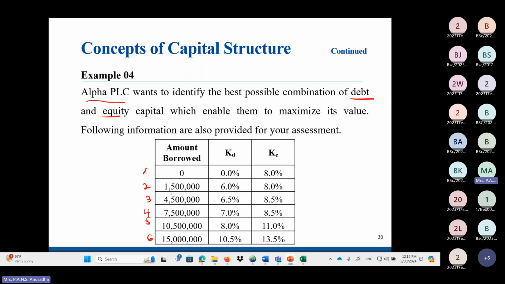For the second, you can see the amount borrowed is 1.5 million, then 4.5 million, 7.5, 10.5, 15. So likewise. This is the cost of debt. This is the cost of equity.